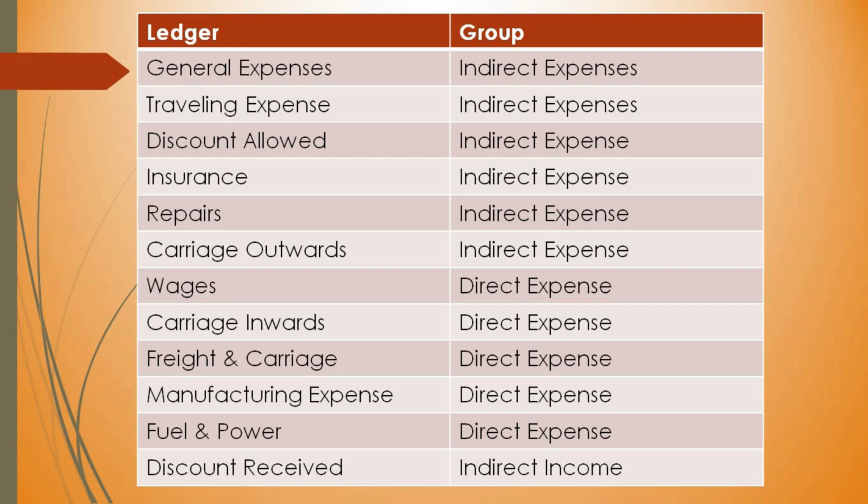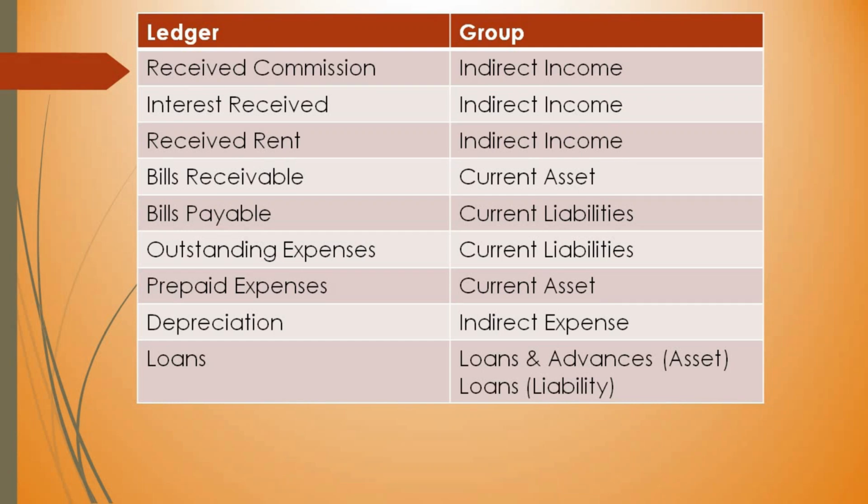Wages, carriage inwards, freight and carriage, manufacturing expense, fuel and power, all these come under direct expense. Discount received, commission received, interest received, rent received, all these are under indirect income.